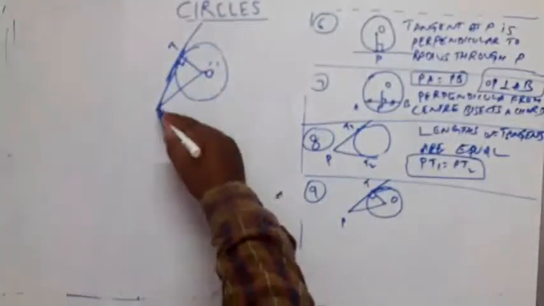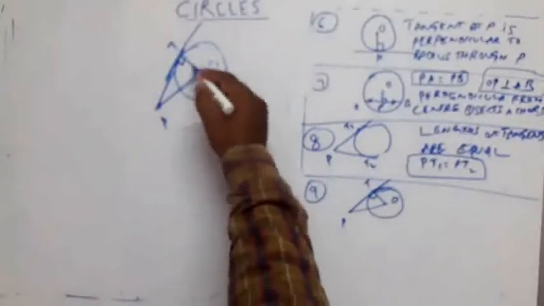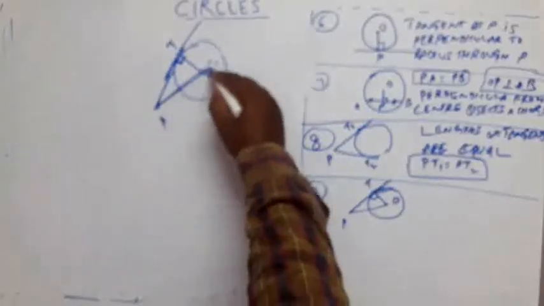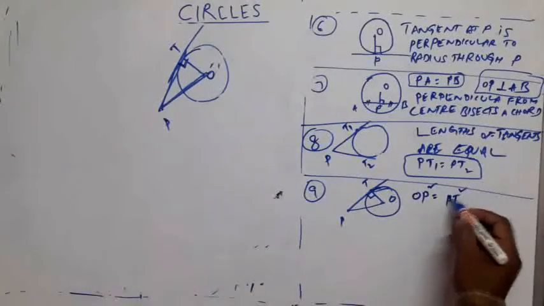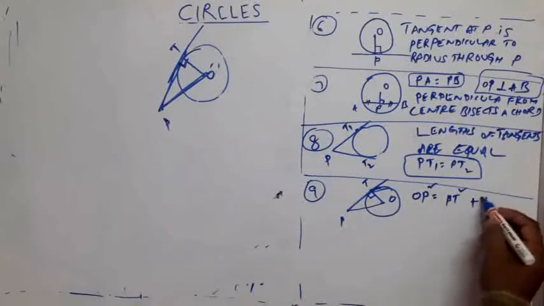Hypotenuse square is side square plus side square. Here hypotenuse is this one, because this is 90 degrees. Opposite to that is the largest side, that is hypotenuse. So OP square is side square plus side square. This side is PT square plus this side is TO square.